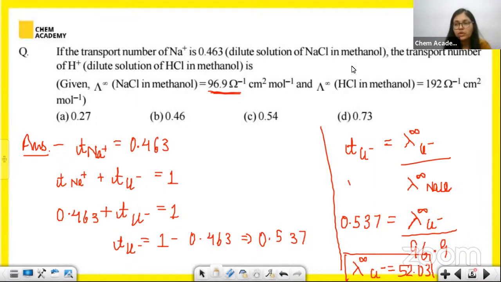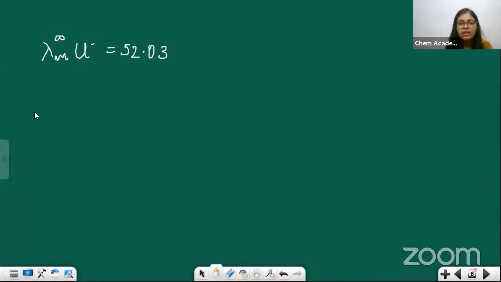Now, what do we have to do? We have to calculate the transport number of H plus. Before that, we will have to calculate the limiting molar conductance of H plus. So we know that the limiting molar conductance of HCl is equal to the limiting molar conductance of H plus plus the limiting molar conductance of Cl minus.